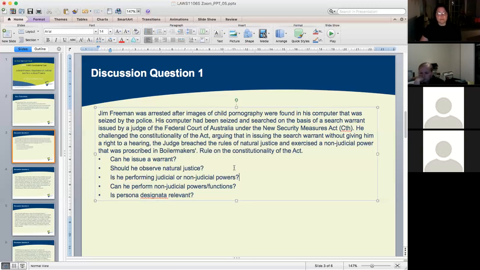Now, on the other hand, assuming that this federal judge is actually exercising non-judicial powers, it leads us to the next legal issue. Are there instances when a federal judge can actually be permitted to exercise non-judicial powers? And that leads us to the next principle, the persona designata doctrine.